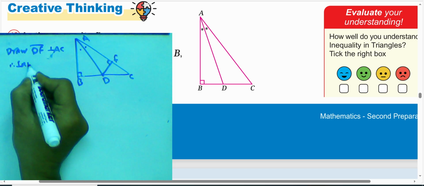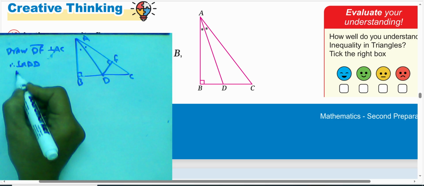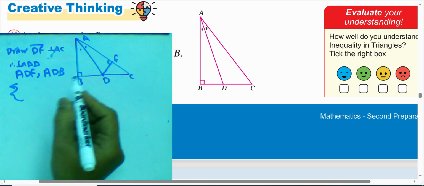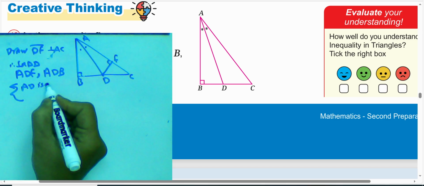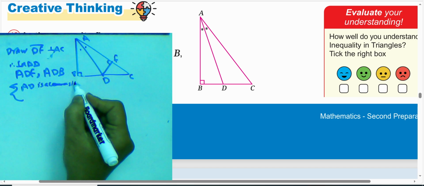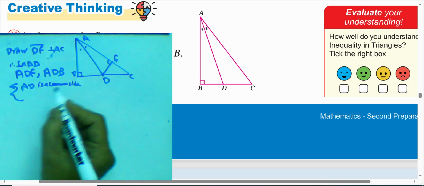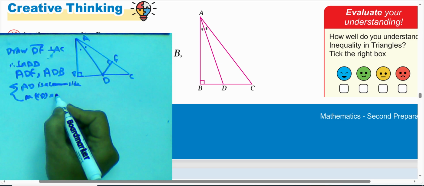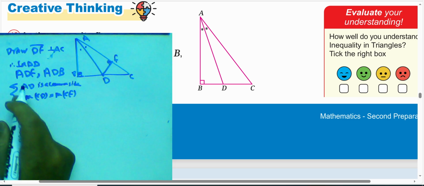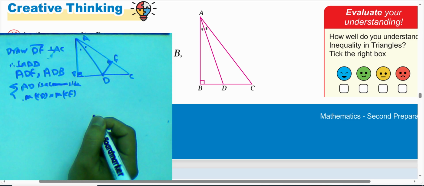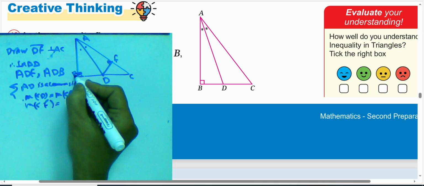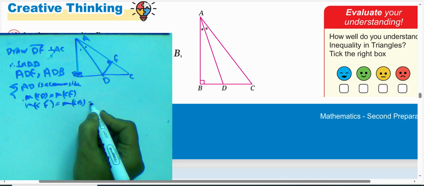Then in the two triangles ADF and ADB, we have AD as a common side. The measure of angle F equals the measure of angle B, equal 90 degrees.